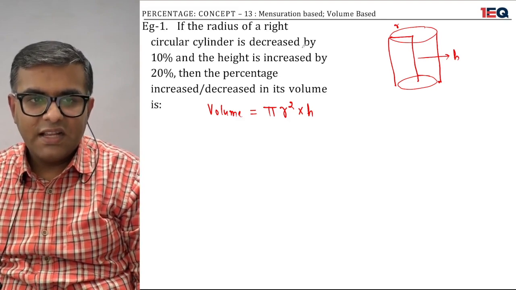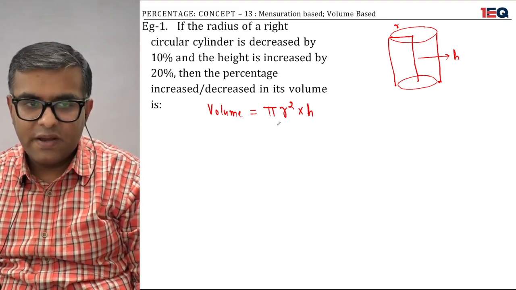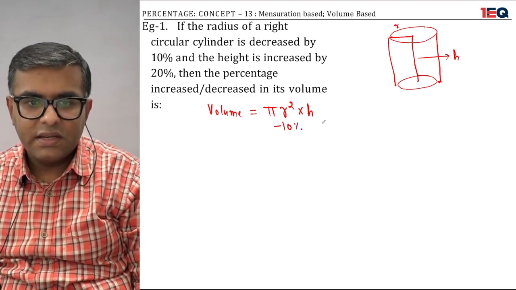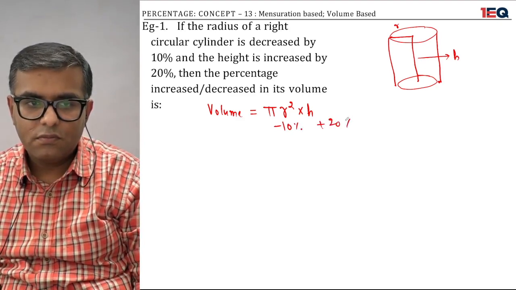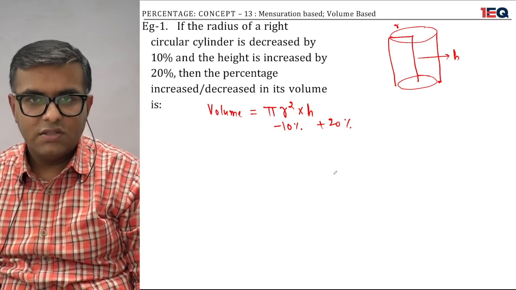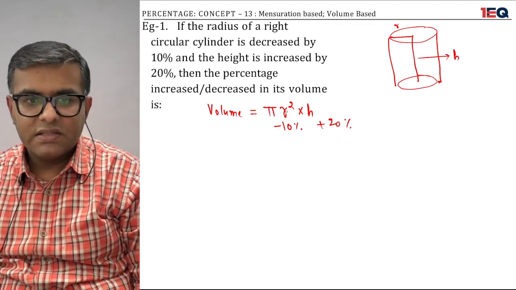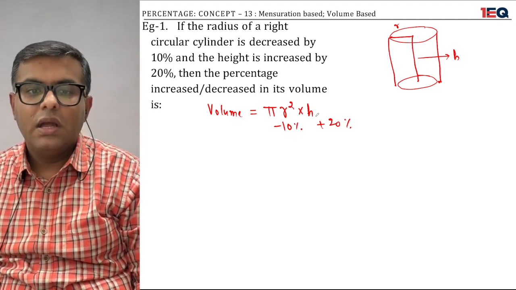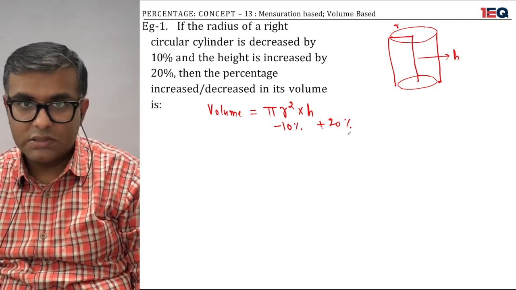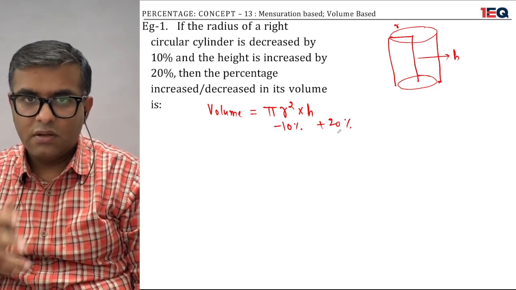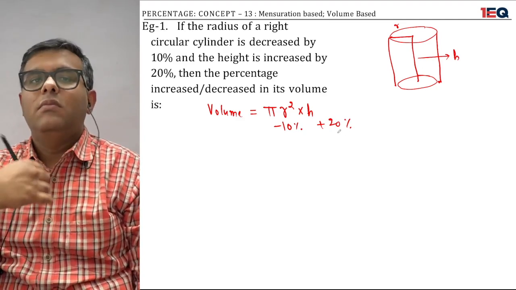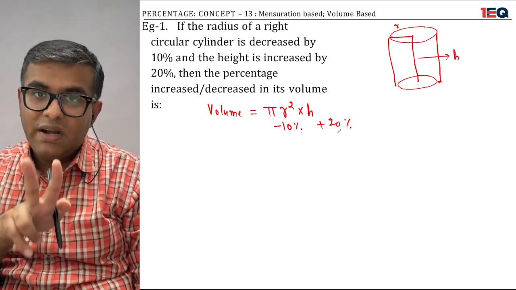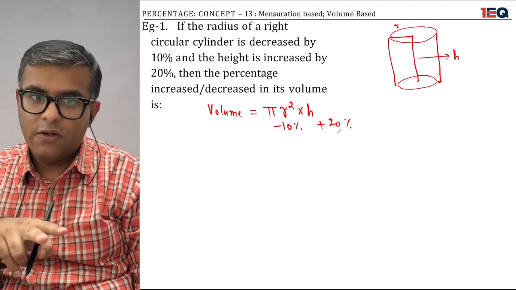Now it's telling me that the radius has decreased by minus 10% and the height has increased by plus 20%. So what is the final change? The radius is coming twice, and the height is coming once. So we have three variables over here. The first radius and the second radius are the same, but coming twice because it's a volume formula.